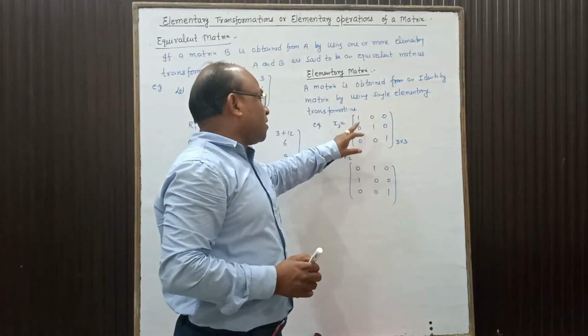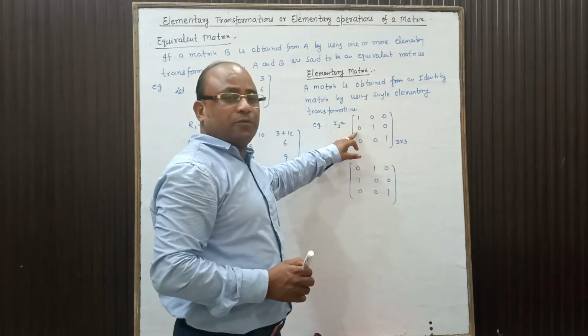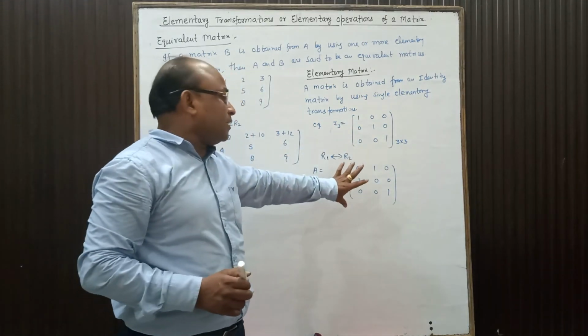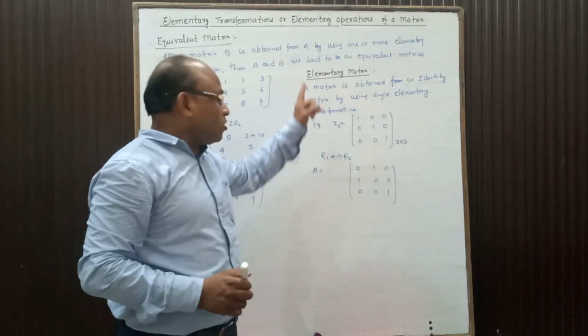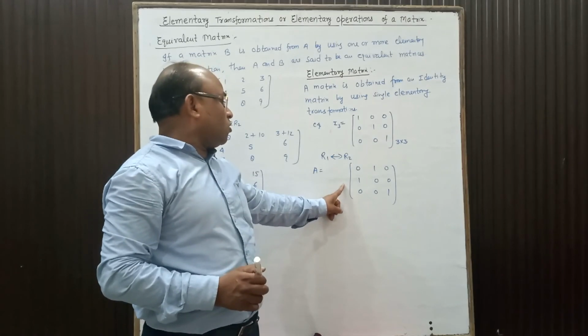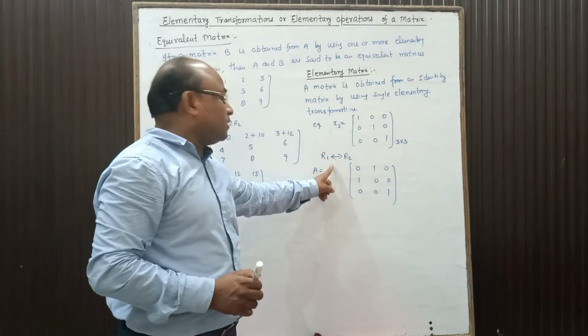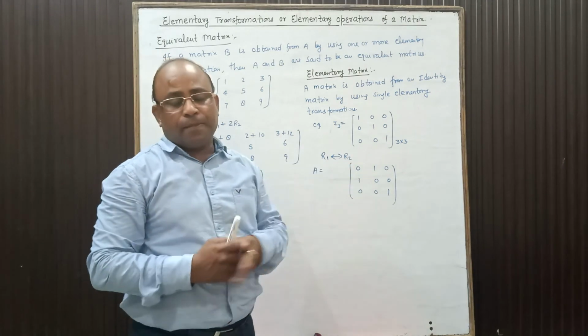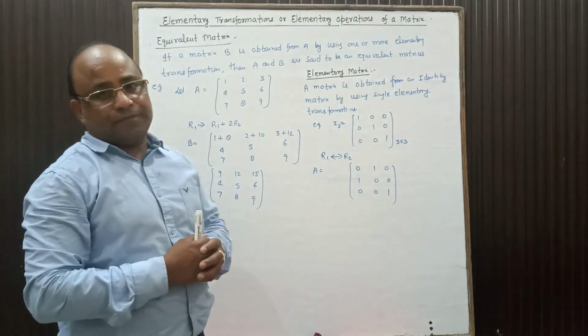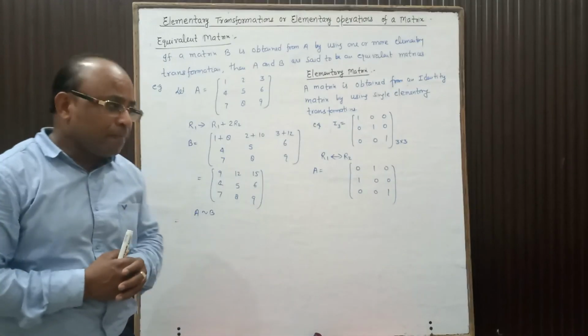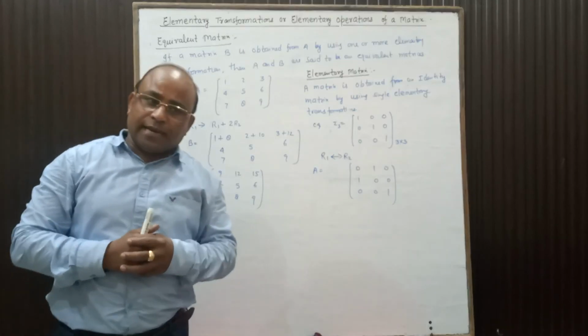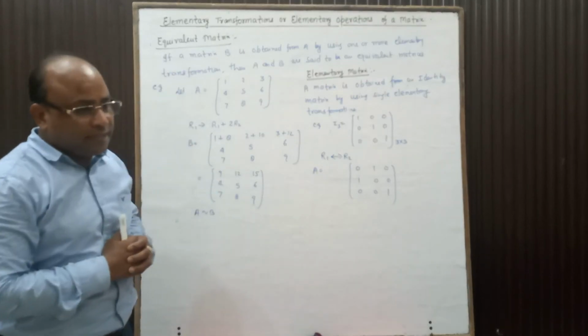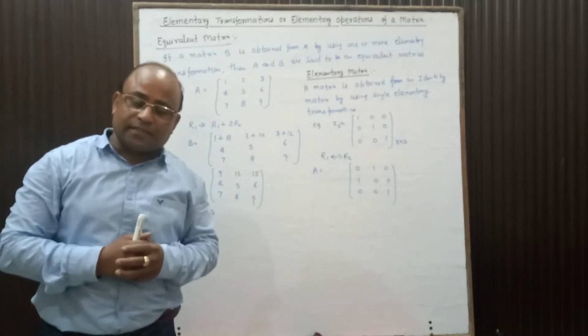That is, the second row becomes the first row and the first row becomes the second row. Then we get this matrix, and this is an elementary matrix because this matrix is obtained by using only one elementary operation. Now that's final, that there are three elementary operations, the equivalent matrix and the elementary matrix.